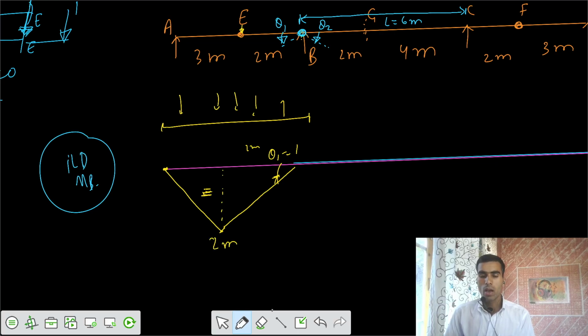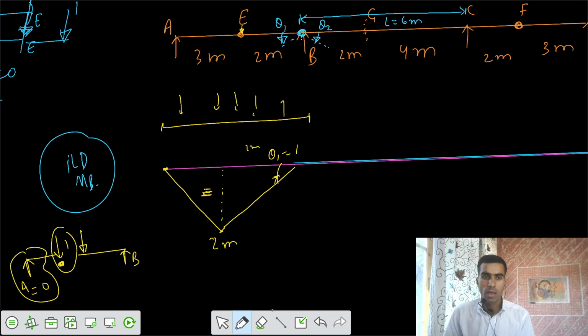Why is the moment at B maximum at point E? You're applying 1 unit at E and you have a support at B, so what should be the reaction at A? That is equal to 0. That means the entire 1 Newton at the hinge gets transferred as shear on the side EB.